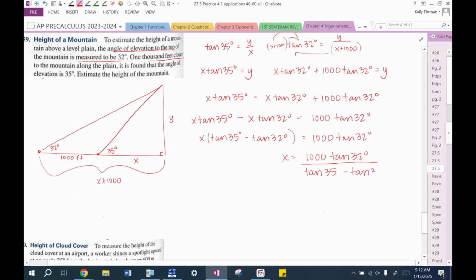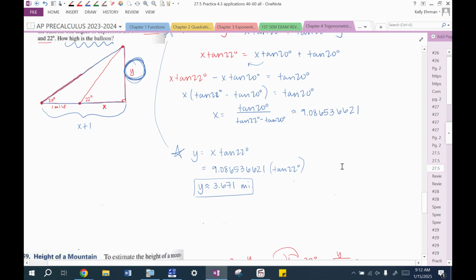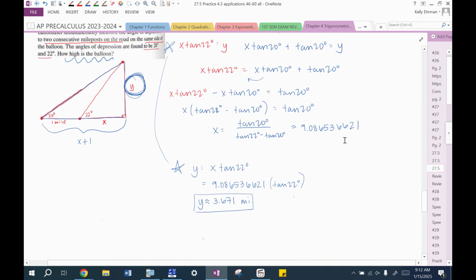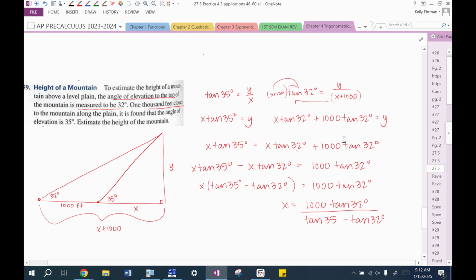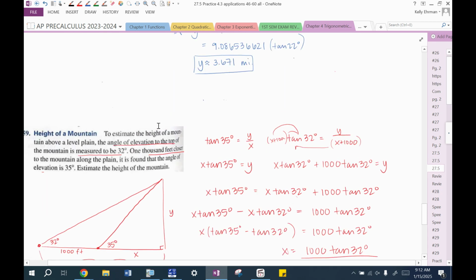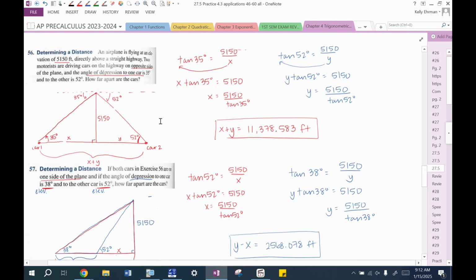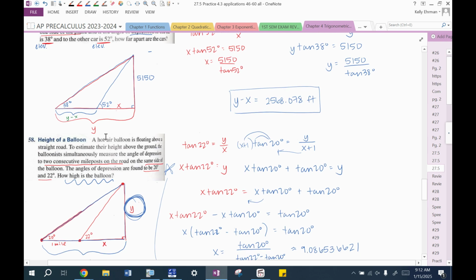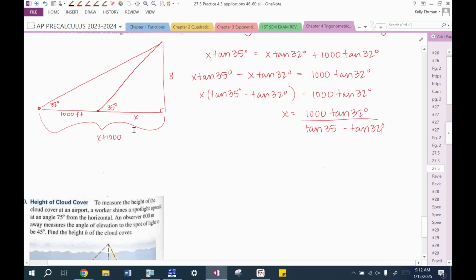So if you go back and rework 58 and 59 a time or two, then you'll have a pretty good muscle memory for other problems like this. So we are likely to have a problem where either two things are on the same side of something or they're on opposite sides like that one. But take a look at this. We've had 3 of these in a row now. Same side, same side, same side.